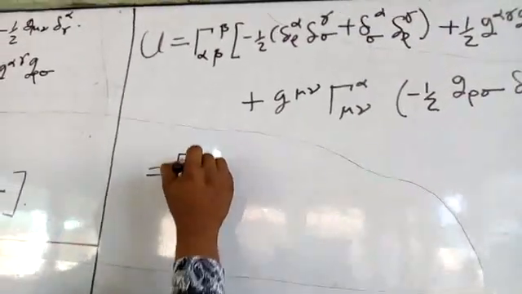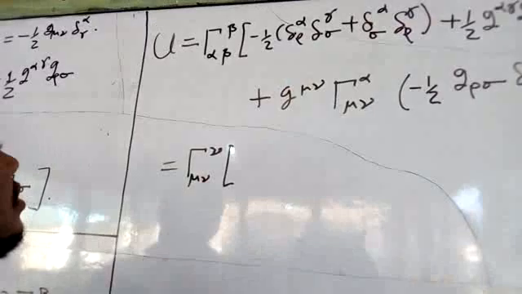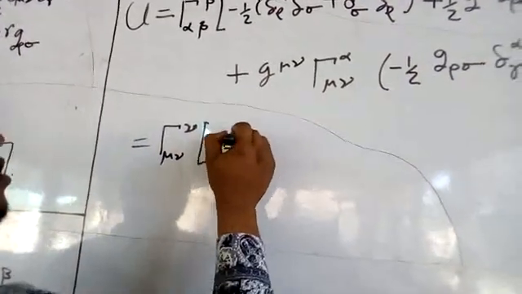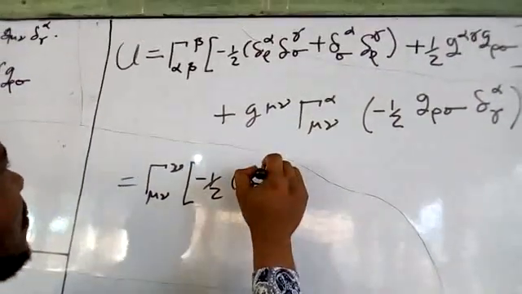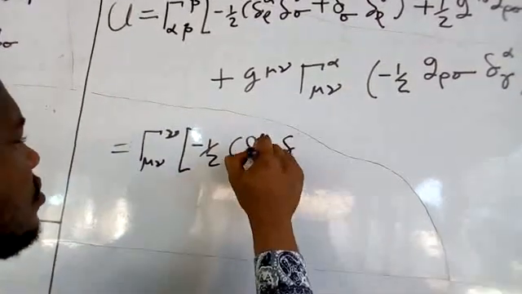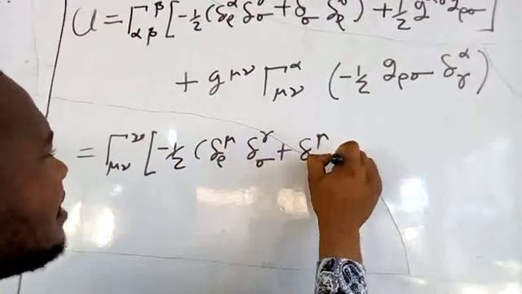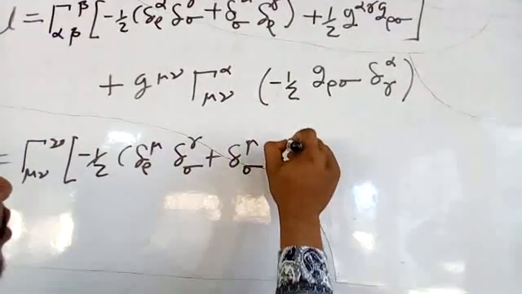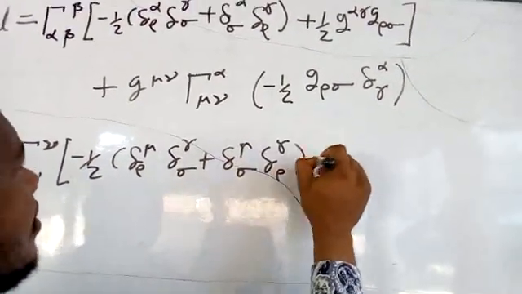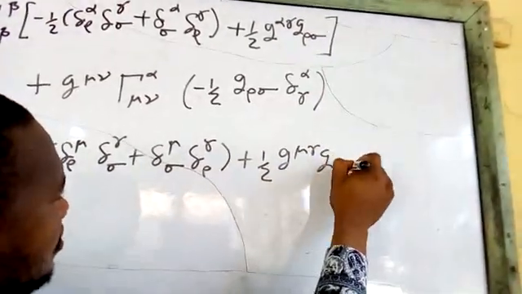So this is nu. Of course, I don't have beta anywhere else, so I'm just going to worry about the alphas. 1 over 2 delta. I said I'll be changing alpha to mu, right? So this is rho, gamma, sigma, plus mu, sigma, delta, gamma, rho. That is it, plus 1 over 2 g mu, gamma, g, rho, sigma.